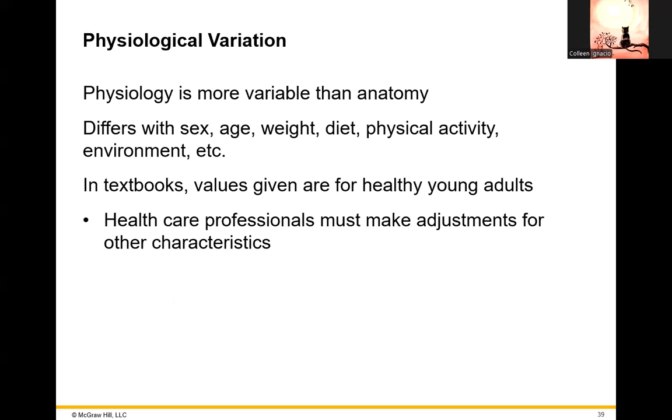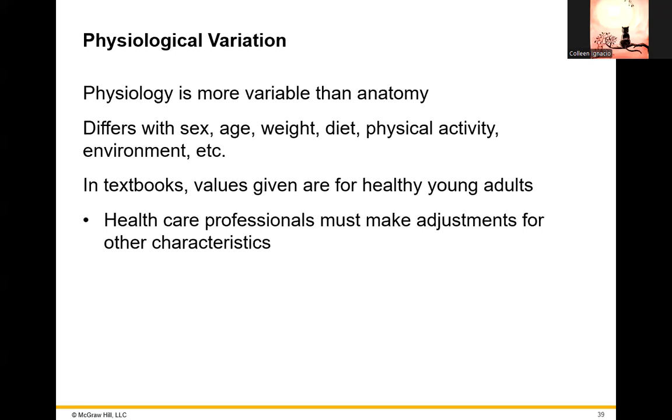All right, let's talk about physiological variation. Physiology is more variable than anatomy. When we think about anatomy, most individuals have two eyes, one nose, two hands, two ears. Now, of course, there are exceptions to that, people that are born differently abled.